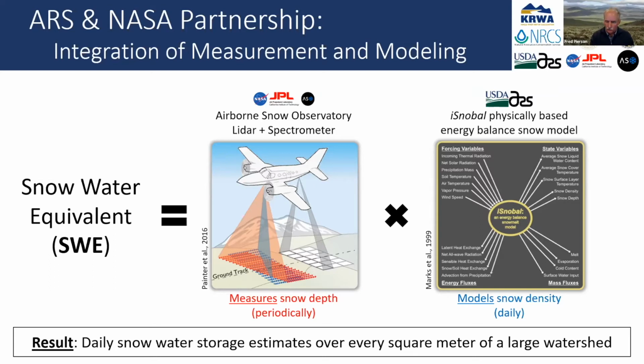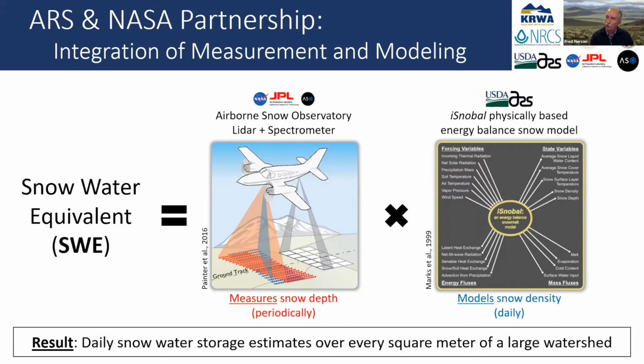What that does for us is provide a very accurate picture of what the snow surface looks like. So from that we can tell, before and after snow, what the snow depth is. So we get very accurate, many points of information in a basin for the snow depth.